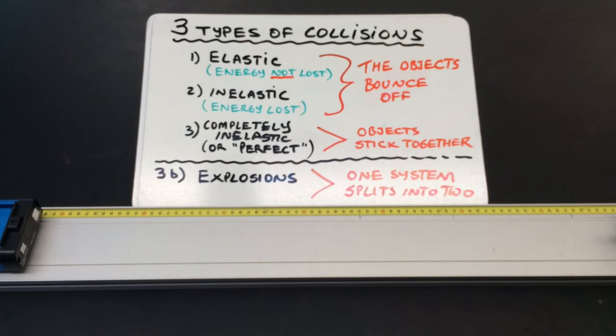So that summarizes the three collisions plus the explosion. We don't call the explosion a separate type of collision because really an explosion is the opposite of a completely inelastic collision. In a completely inelastic collision, objects combine to form one system, and in an explosion you have one system that splits into two.